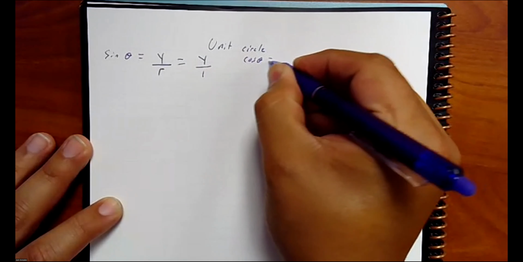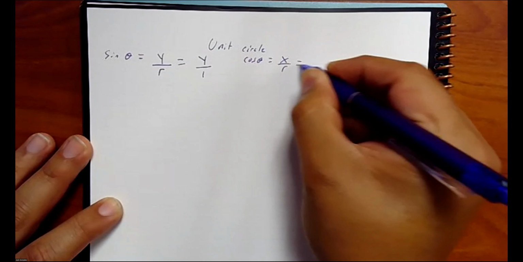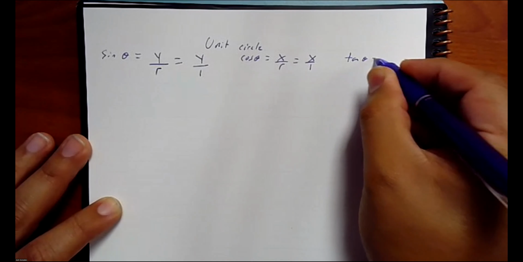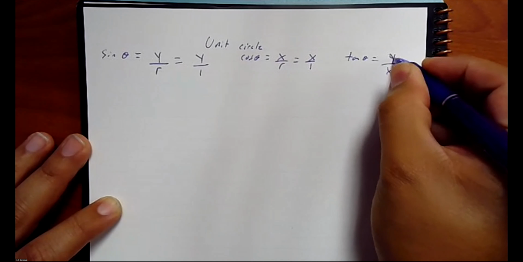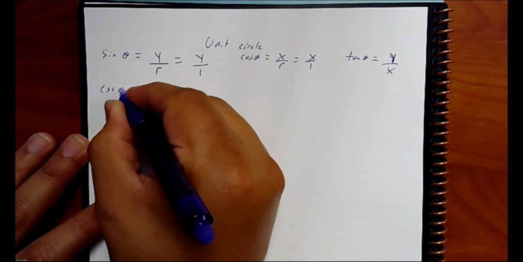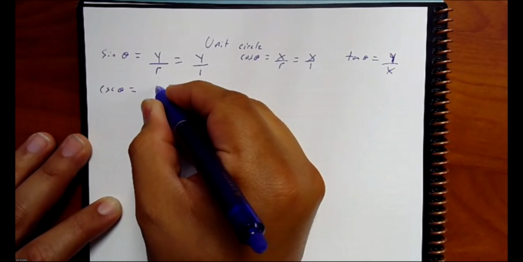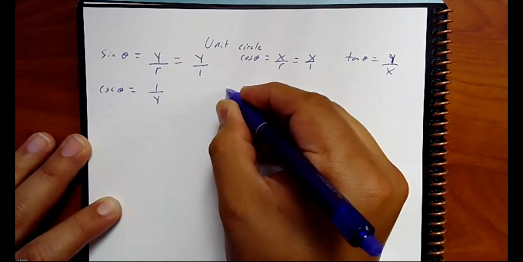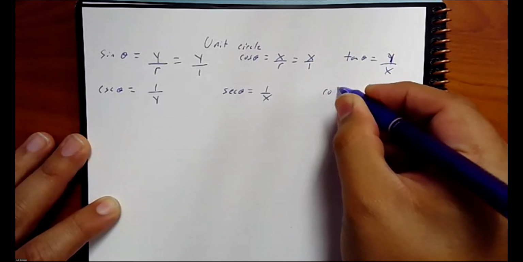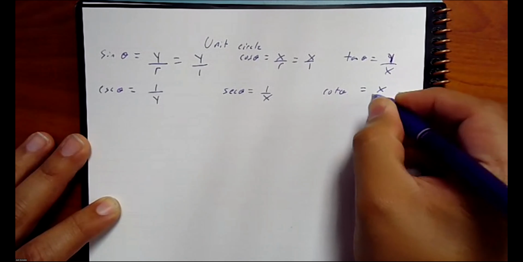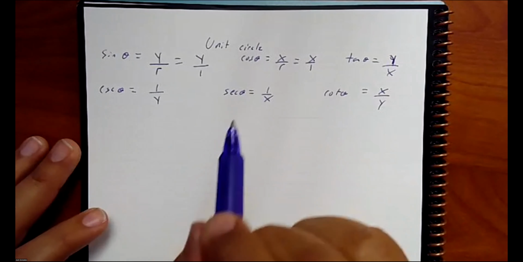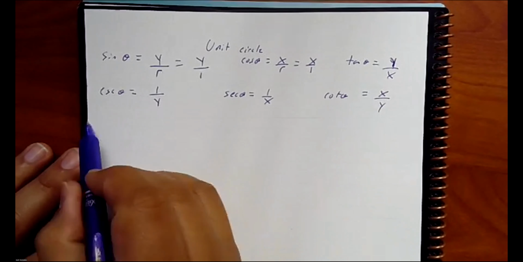Cosine is equal to x over r, which is just x over 1. Tangent is y divided by x. Cosecant theta is 1 over y. Secant theta is 1 over x. Cotangent is x over y. And all these numbers and variables are the x and y from the unit circle.